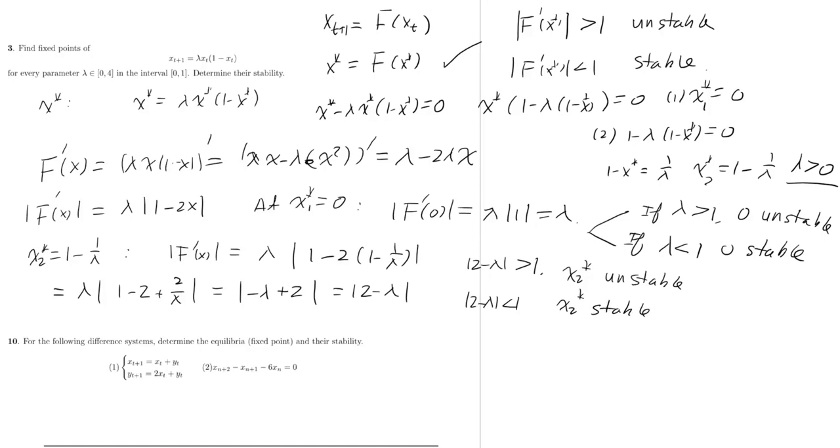Now notice over here, 2 minus lambda less than 1 implies lambda is between 1 and 3. So if lambda is between 1 and 3, then we have this one stable. If lambda is not between 1 and 3, then this equilibrium isn't stable.